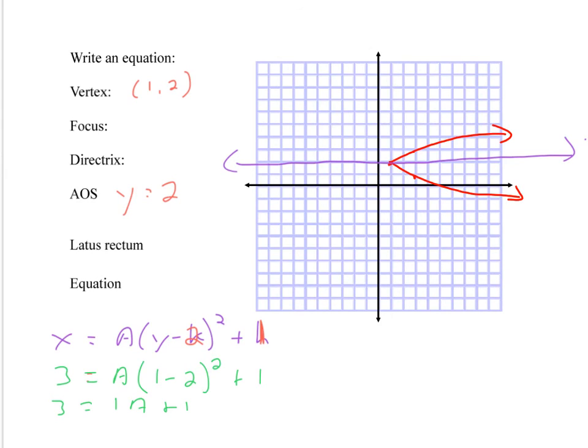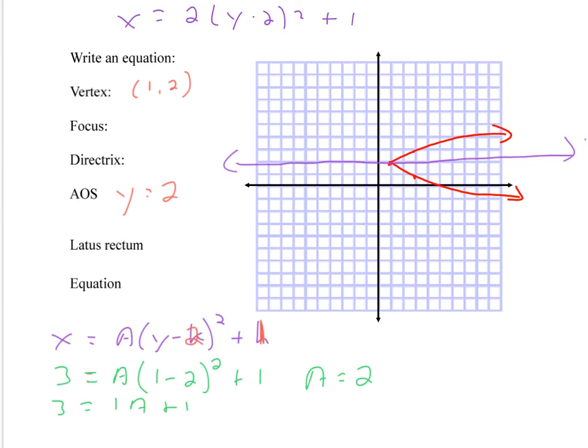It looks like a, if I subtract 1 from both sides, a is equal to 2. Now I can use that a is equal to 2 to come up with my 4p. But first of all, let's just write our equation, because it did ask for that. My equation, I'll write that up here in purple. X is equal to 2 times y minus 2 squared plus 1.